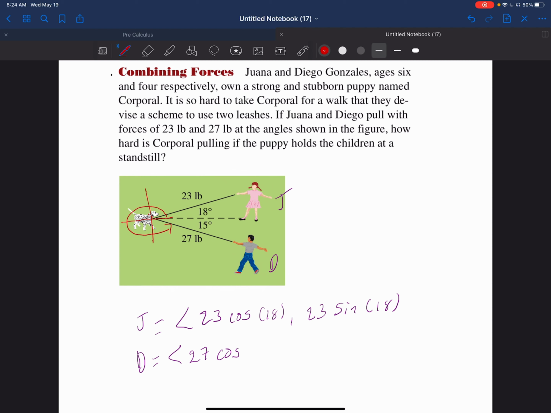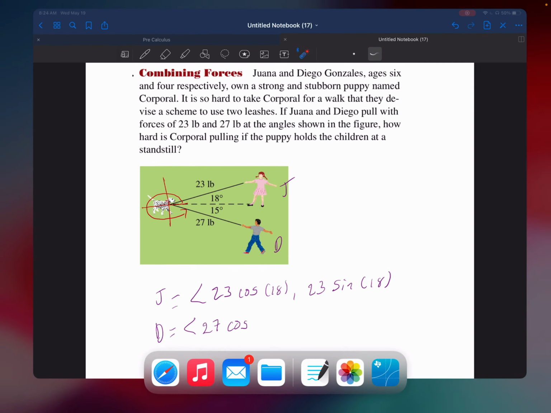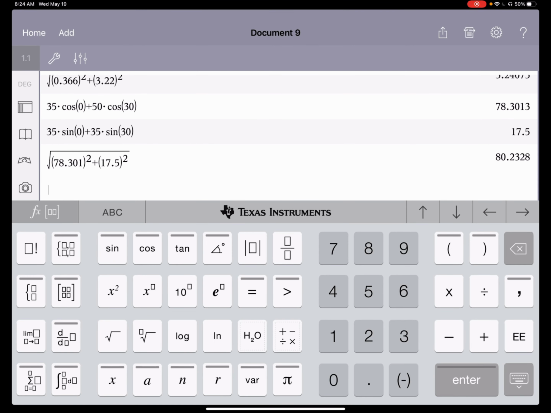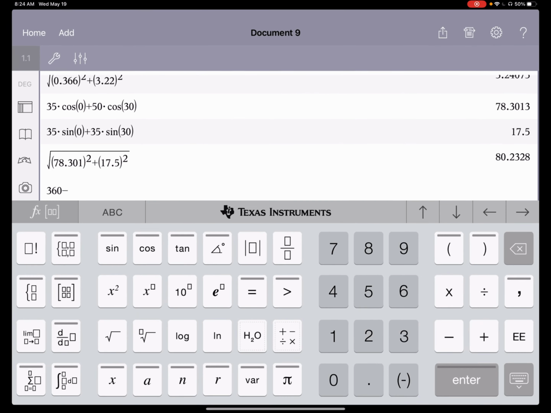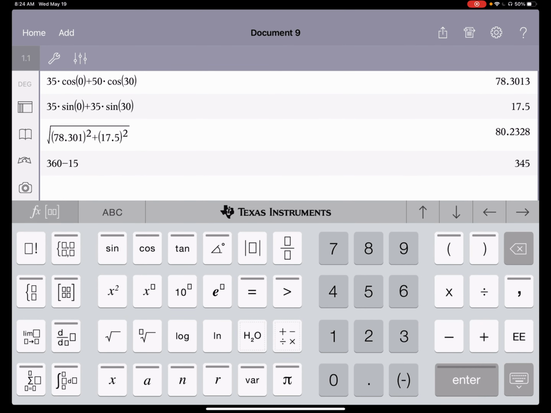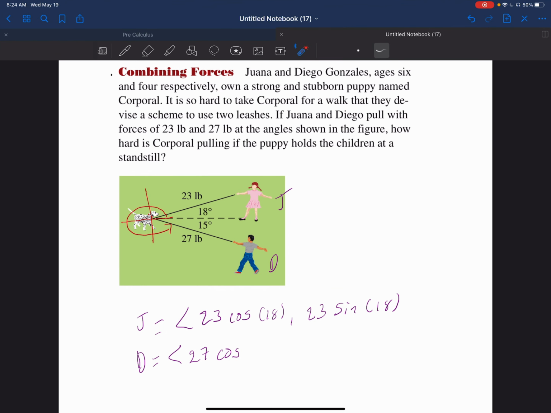So it will be almost a whole rotation except for 15 degrees. You're 15 degrees short. So I'm going to do 360 minus the 15 degrees that I'm short from doing a full rotation and figure out that this angle is 345 degrees.